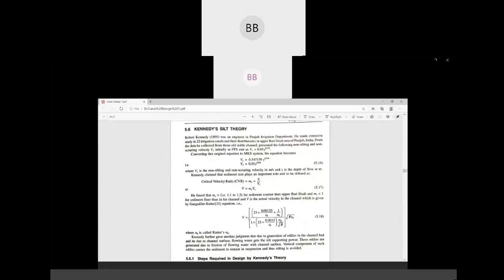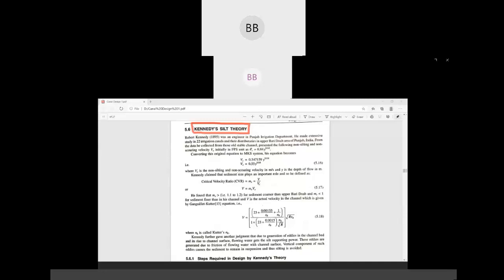So for erodible boundary channel, your first method is Kennedy's silt theory.